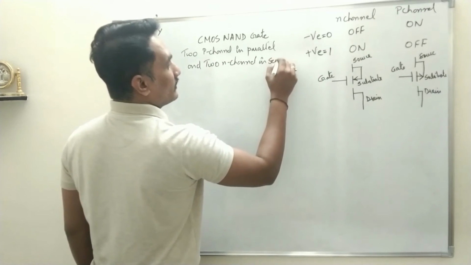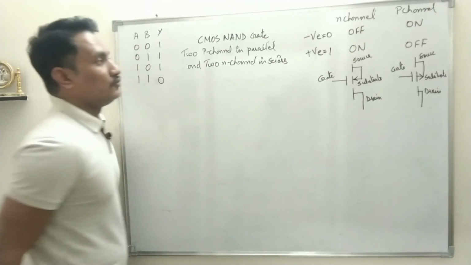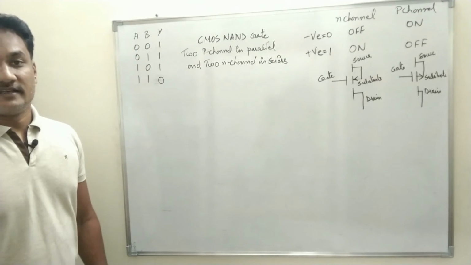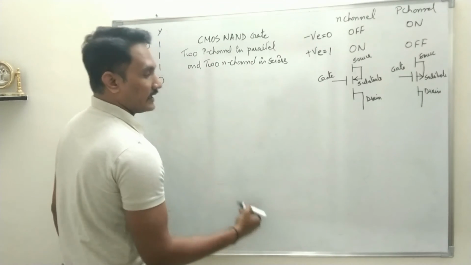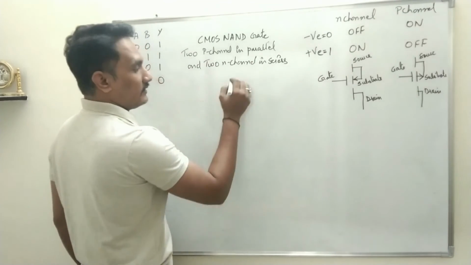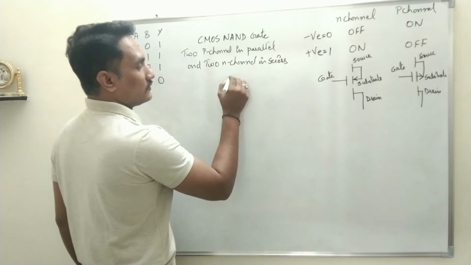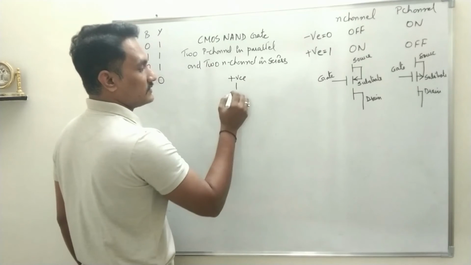This has to be remembered. Of course, this has to be connected between a positive terminal and ground. That means power supply and ground. So positive supply, let us say plus VCC.